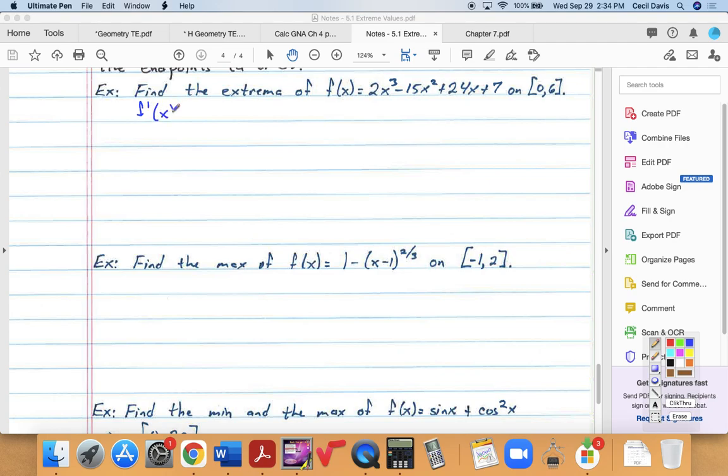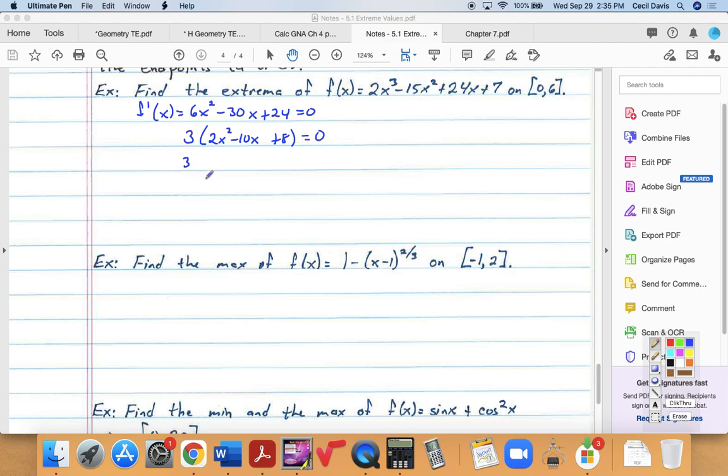F prime of x, which will be 6x squared minus 30x plus 24. Set that equal to 0. I'll factor out a 3. We'll have 2x squared minus 10x plus 8 equals 0. Let's see. Does that factor nicely?